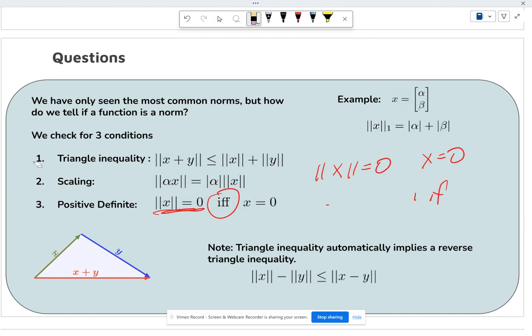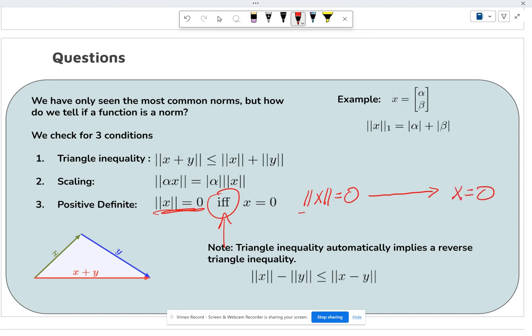If and only if implies this: the norm of x is equal to 0. When you say if and only if, it automatically implies that x is equal to 0. So if you see that the norm is 0, you know that x is 0.